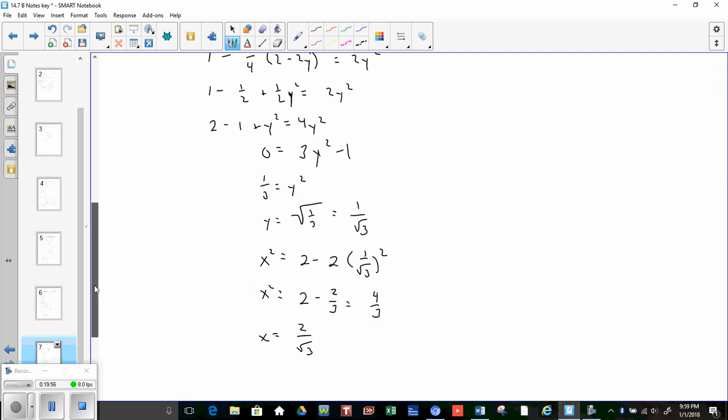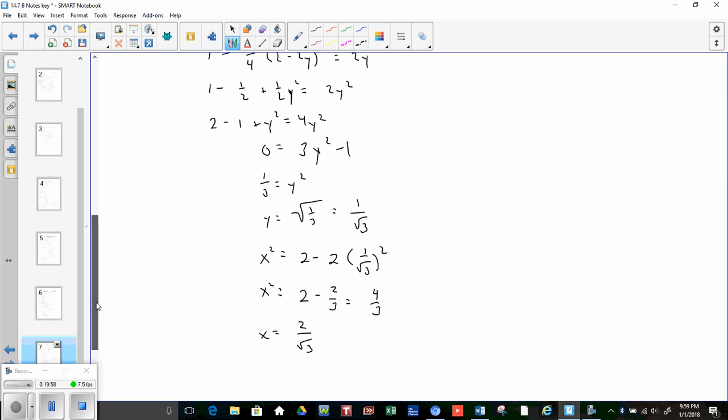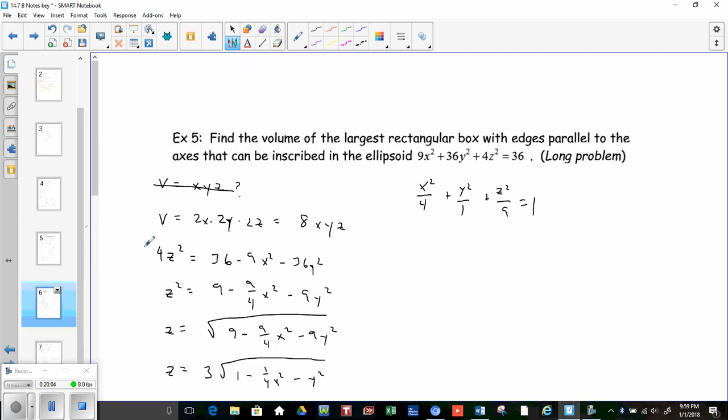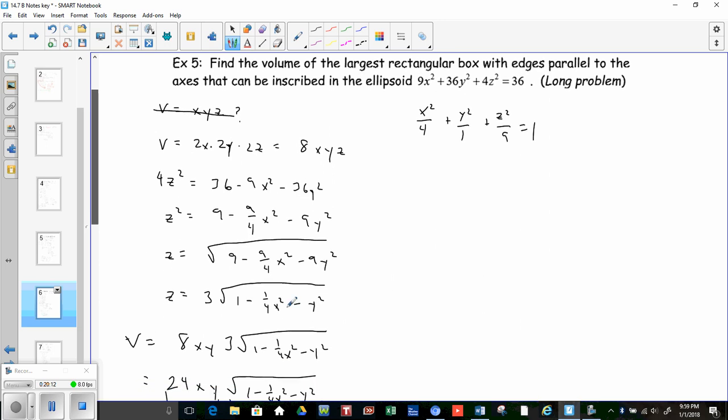And then we can use all of those to be able to find z. And this one I'm going to have to go back and look at. z was this big square root right here, or we can use this simplified when it doesn't really matter. So z is 3 times the square root that we were using the whole time.